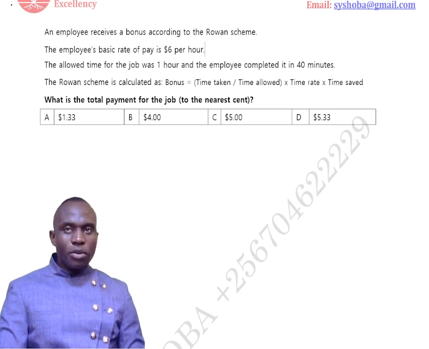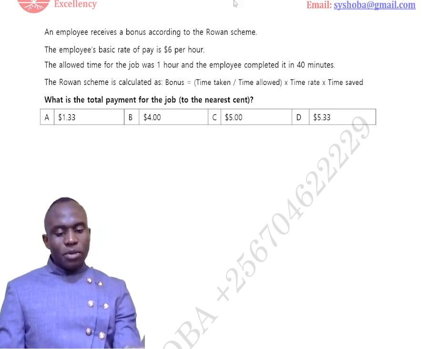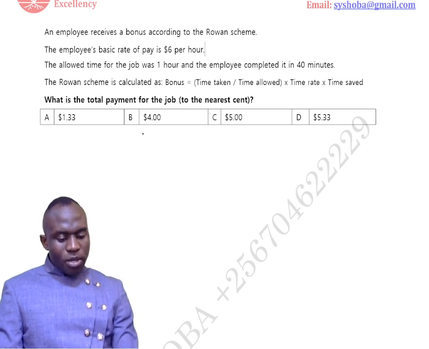So time allowed or expected time is 1 hour, but the employee completed the job in only 40 minutes. Then the scheme is calculated as bonus is equal to time taken divided by time allowed times time rate times time saved. So what is total payment? They still want the gross payment.